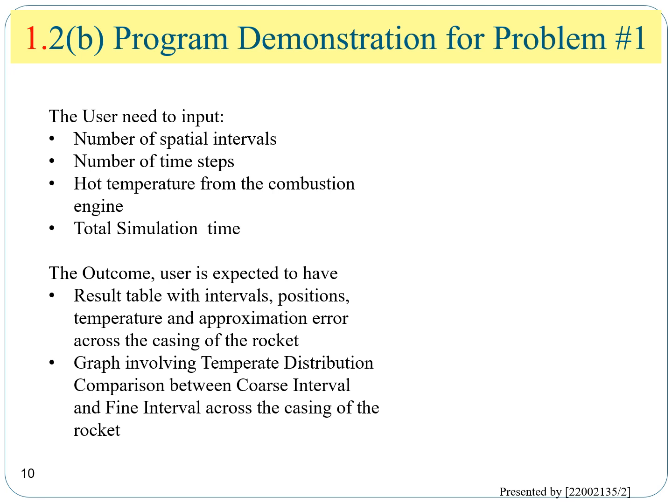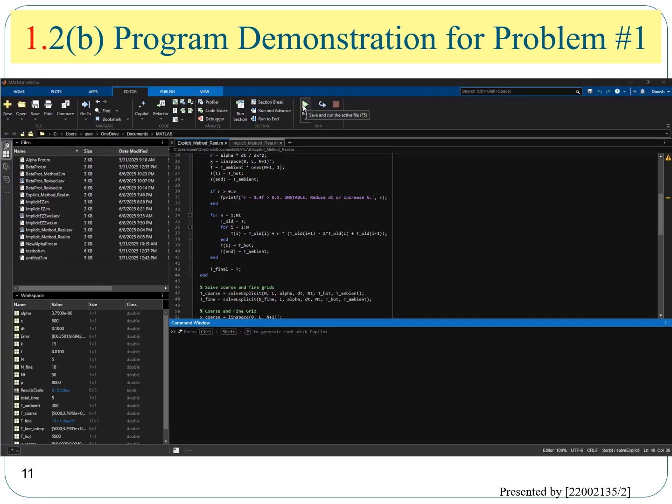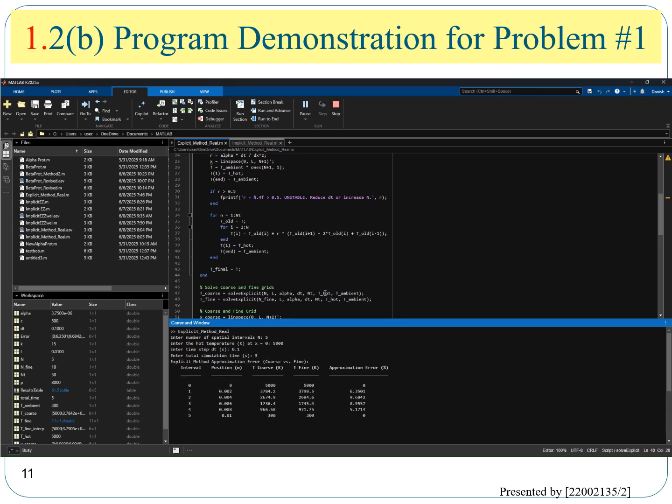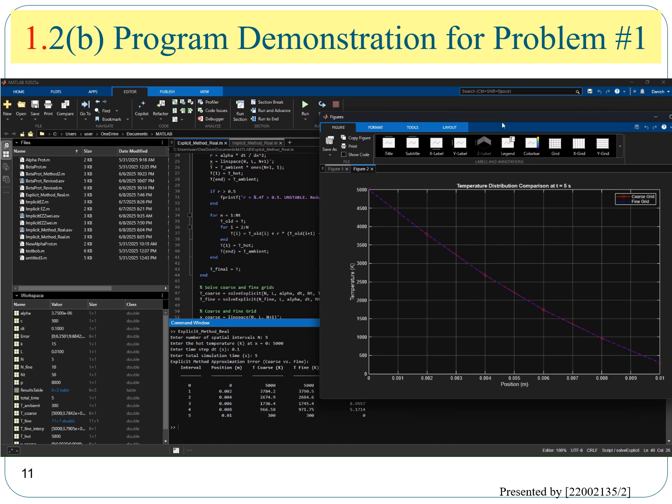So the user is required to input the spatial intervals, time step, the temperature of the combustion engine, and also the total simulation time. The outcome is that the user is expected to get the result table and also the graph. For the program demonstration, we can see that the user inputs 5 spatial intervals, the hot temperature is 5000 Kelvin, the time step is 0.1 seconds, and the total simulation time chosen is 5 seconds.